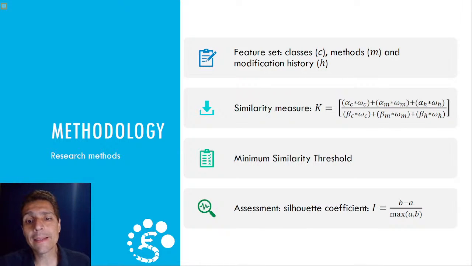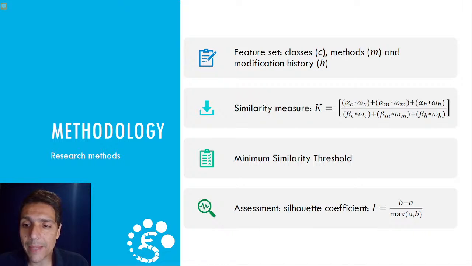When the clustering ends, we have several resulting microservices with several intersections between them, and then we devised a new approach. It's also a novel approach for microservice decomposition: to use the Silhouette coefficient. The Silhouette coefficient is a well-known metric for clustering analysis assessment.